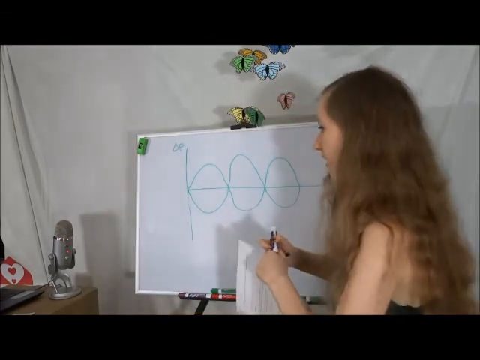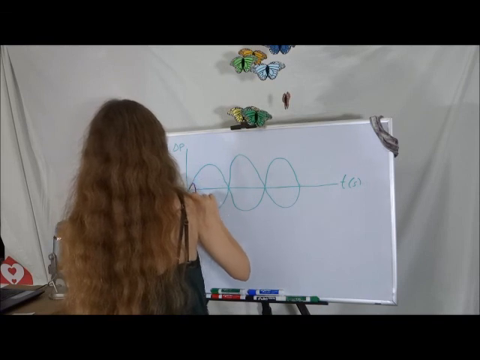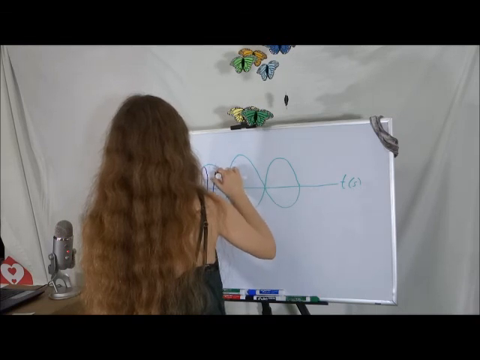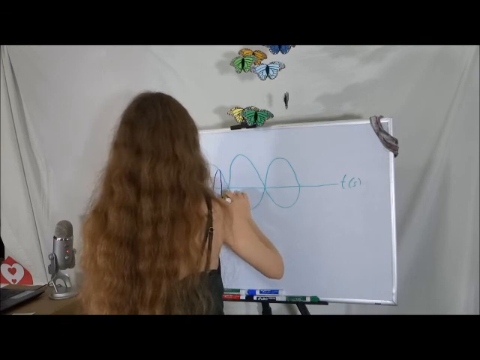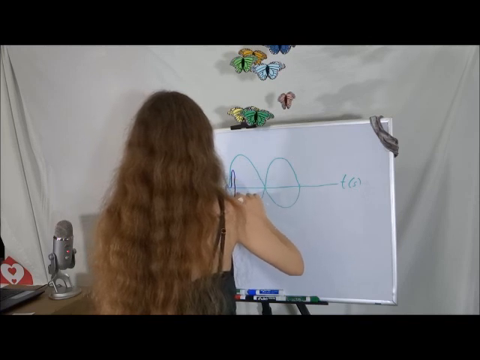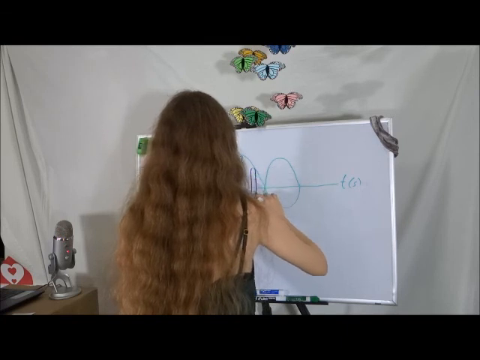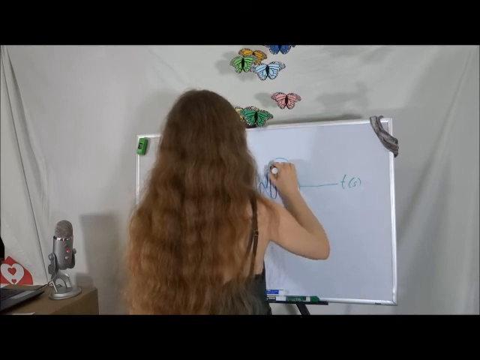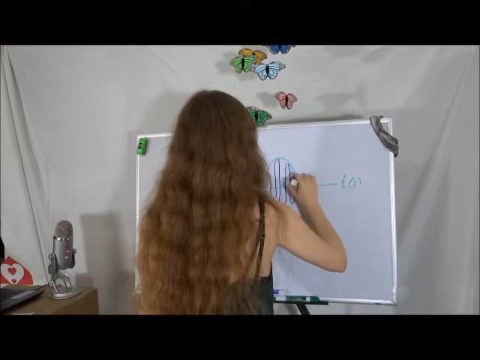And so now we're going to draw our individual little waves in here. This one goes up, down, up, down, up, down. In theory, these should all be nice and evenly spaced, but this is as close as we can get.